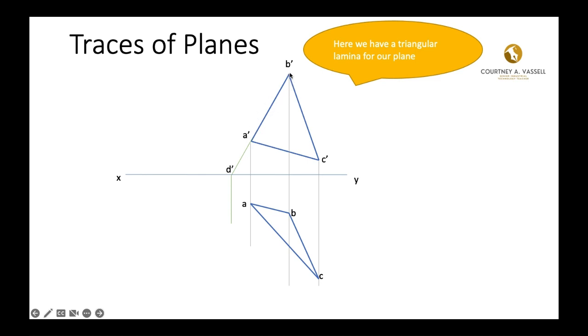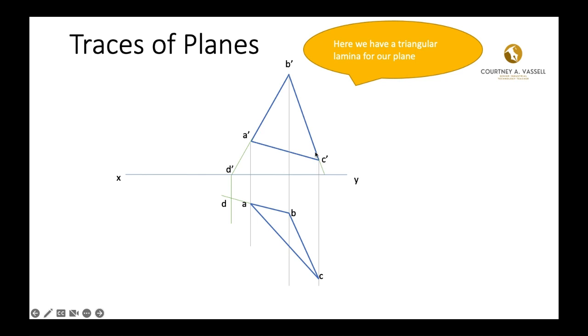A prime, B prime. So we need to do the same here. If we use A prime, B prime, we're going to use A, B. So we're going to extend AB. Once we extend AB, we have now located a point that will be used for plotting our trace. So we have D at that point there.